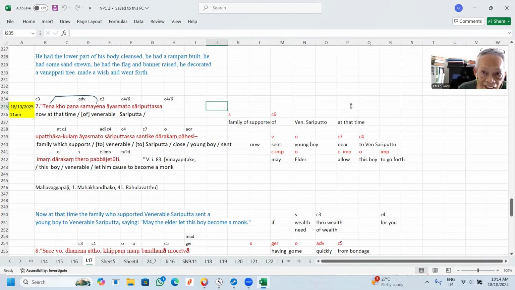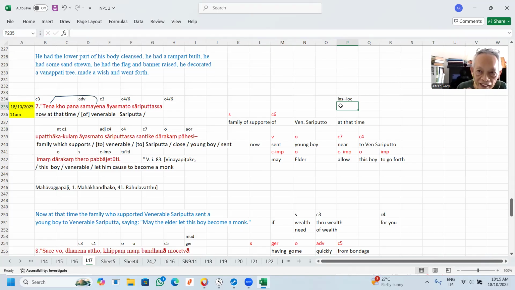So Pali instrumental will become English locative. This is Pali, this is English. We don't say "by that time"; we will say "at that time".